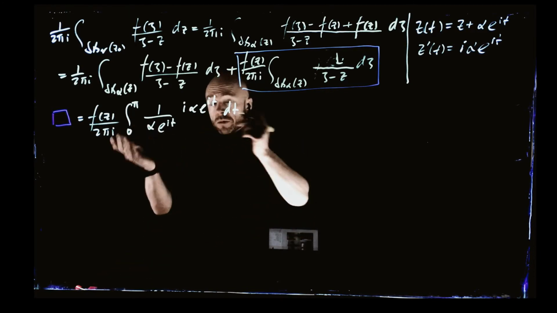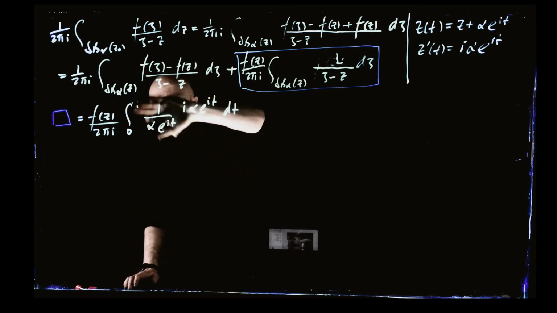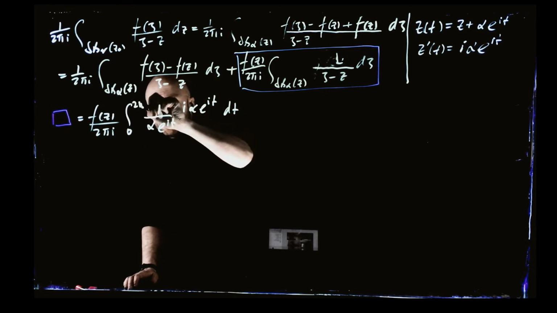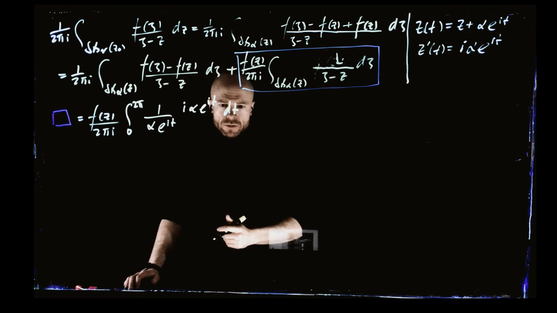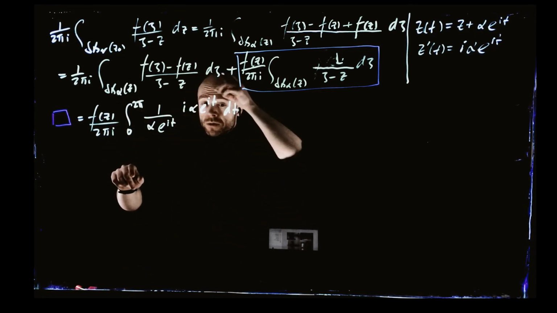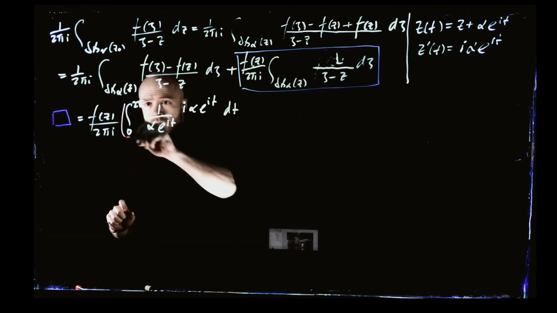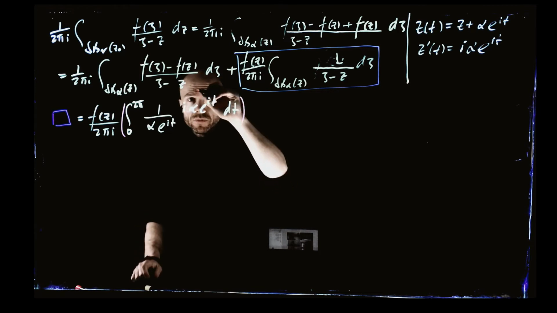So this is just equal to the integral of 1 from 0 to 2 pi, not pi, to 2 pi, going all the way around the circle. Yeah? So this is just the integral of 1 from 0 to 2 pi, just equal to 2 pi. Yeah? So this thing here just ends up being 2 pi.